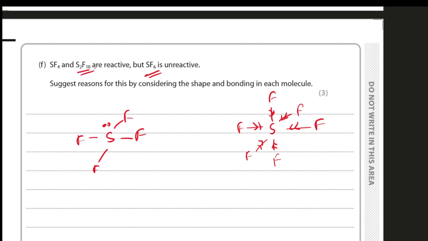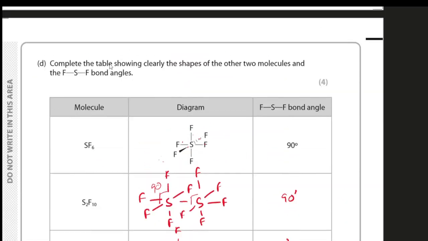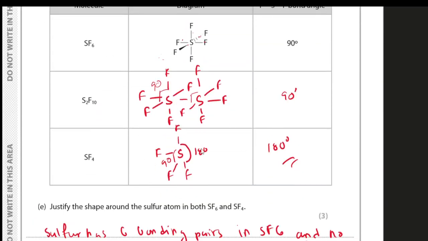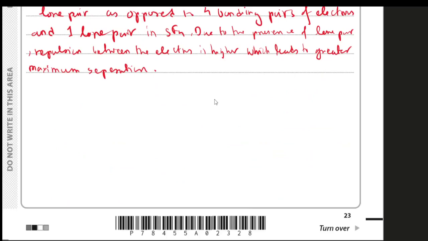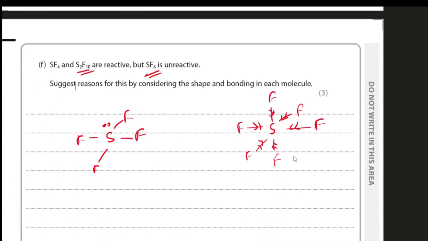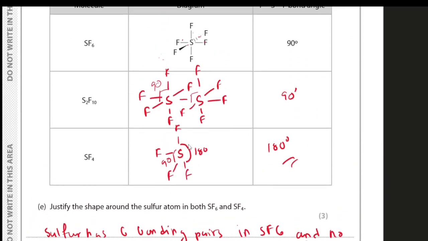And why is S2F10 reactive? Well, one thing you have to understand is that in S2F10, which we drew, the SS bond is weak as compared to the SF bond present in SF6.